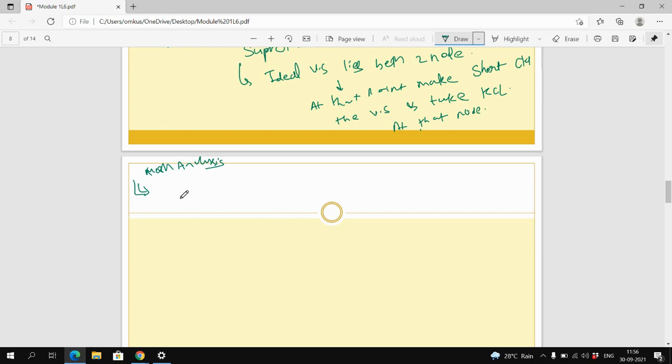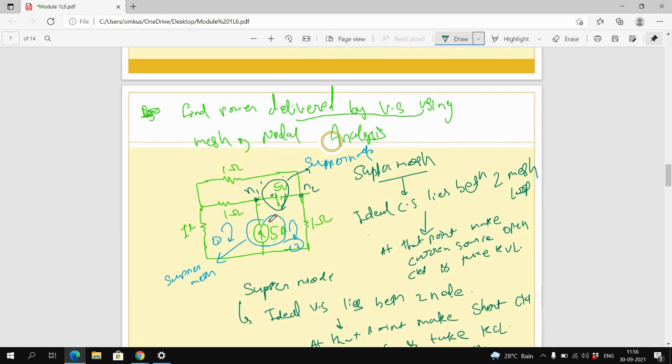So if I take mesh analysis, let the current for this loop be I1, for this loop I2, and for this loop I3. Then what is the equation? Apply KVL here.